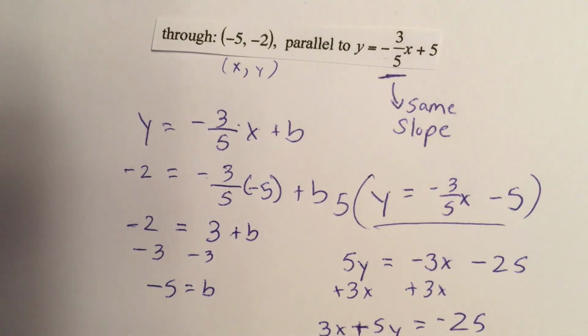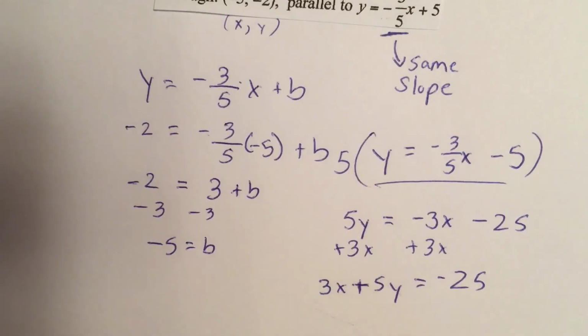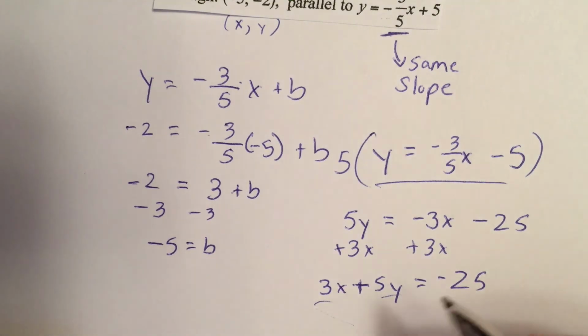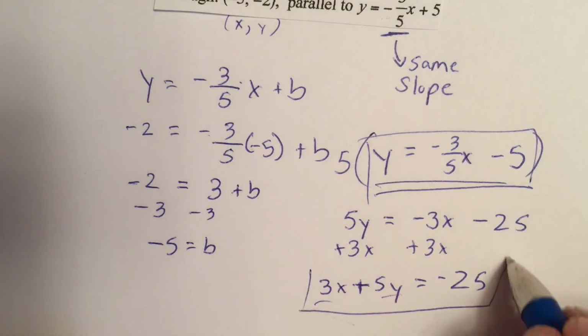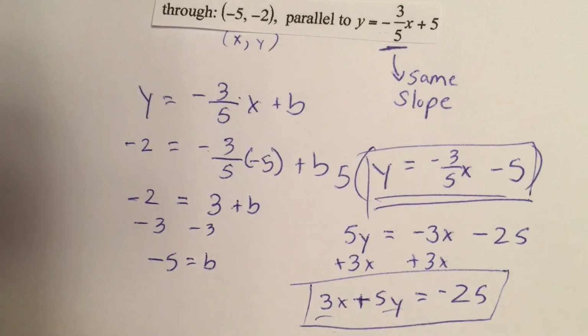Notice how I changed the order here. It doesn't matter as long as the x and y variable coefficients are whole numbers, on one side, equaling an isolated number on the other side. Manipulating these to get from slope-intercept form to standard form and to other forms is really important. You need to be very flexible with this.